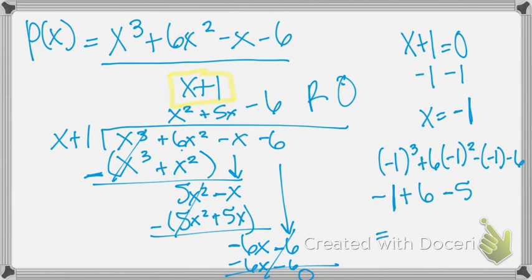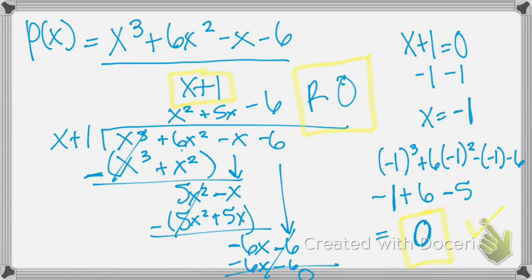If I combine all those, I get 0. What was my remainder? 0. So, here's how you know it's correct. If your remainder and your answer, when you plug in your 0, are the same, then you are correct. Am I correct? Yes, I am correct. Okay?